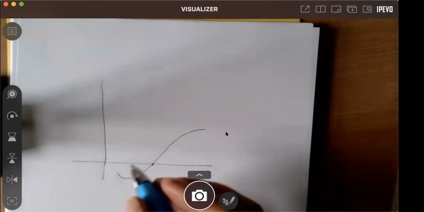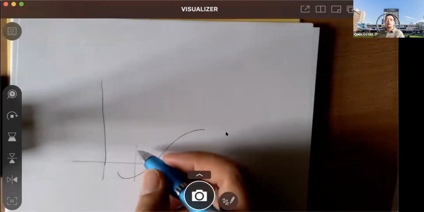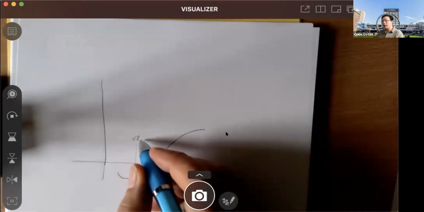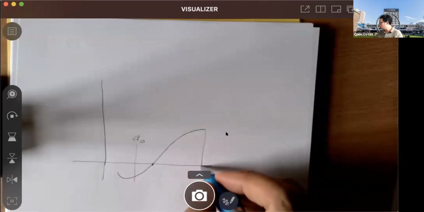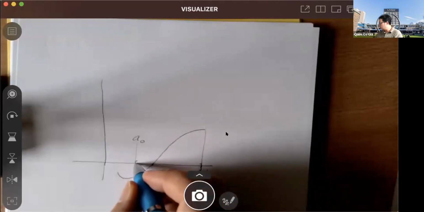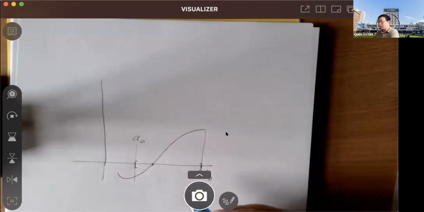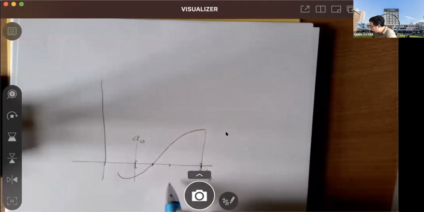Now maybe I start with the interval a0, b0. So this is the first interval. Then I compute the midpoint, x0, which is 1/2 of a0 plus b0.